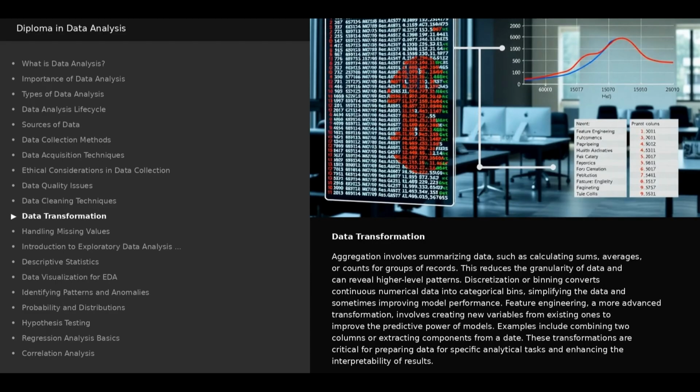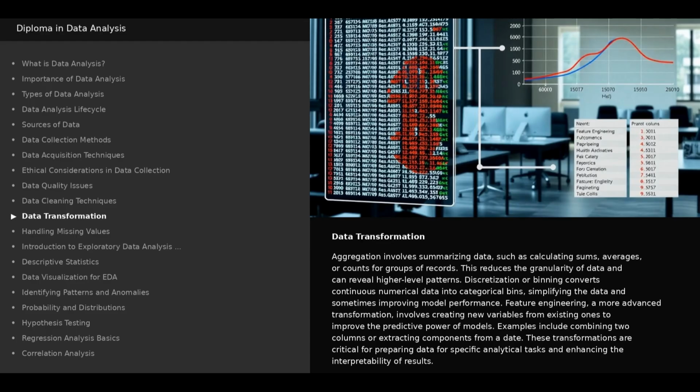Aggregation involves summarizing data, such as calculating sums, averages, or counts for groups of records. This reduces the granularity of data and can reveal higher-level patterns. Discretization or binning converts continuous numerical data into categorical bins, simplifying the data and sometimes improving model performance.